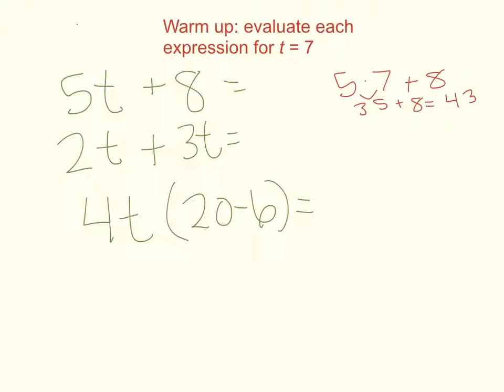So what we actually see is 2 times 7 plus 3 times 7 equals. And of course we want to do the order of operations, so we'll multiply first. 2 times 7 is 14. And we're not going to add yet because we still have another multiplication. 3 times 7 is 21. As we add those two together, it will give us our final answer of 35.